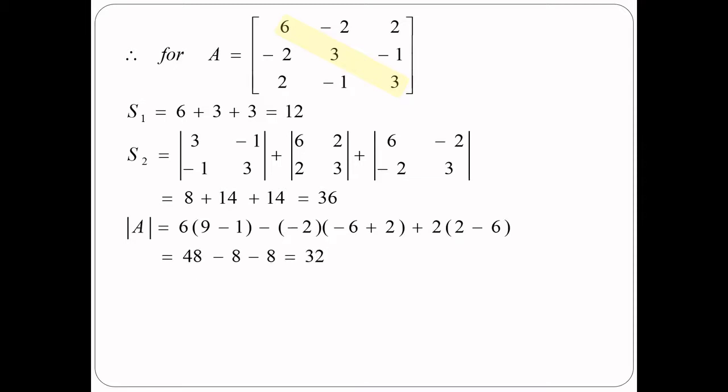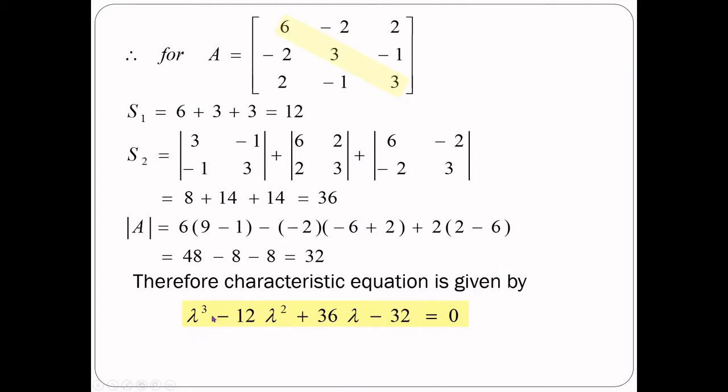So the determinant is 32. That's why the characteristic equation for the matrix A is given by lambda cube minus the sum of the diagonal elements, that is 12, lambda square, plus the sum of the minors of the diagonal elements, that is 36 lambda, minus determinant of A, that is 32, equal to 0.